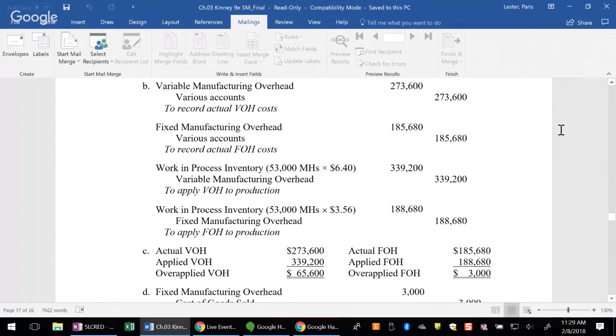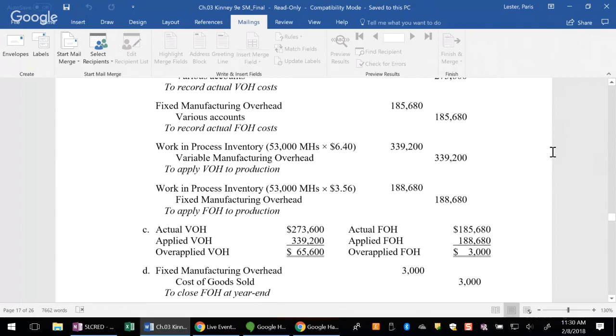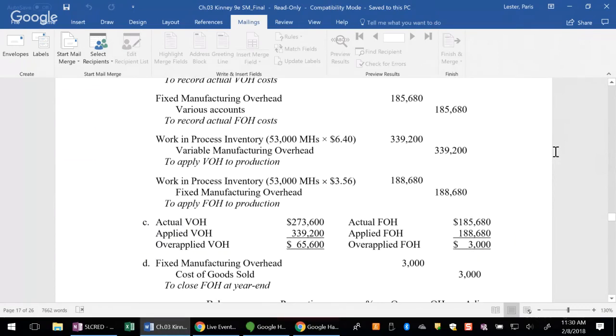This is actual. This is applied. That's definitely overapplied. Actual, applied. You can see that's overapplied. All right, now how do we get rid of that? Depends if it's material or not.